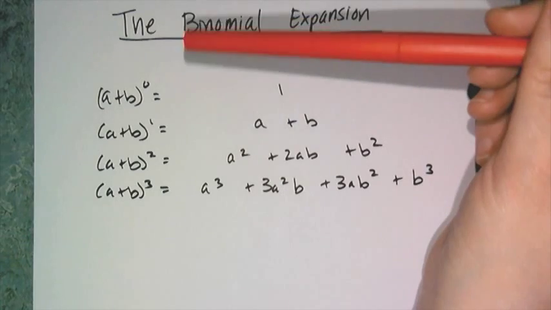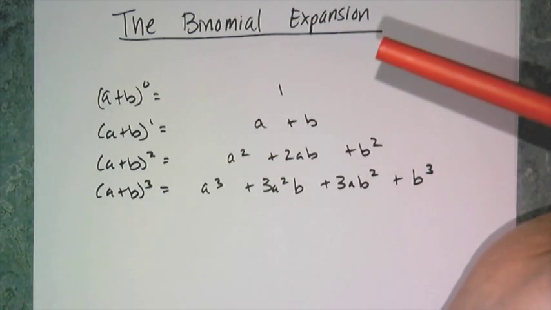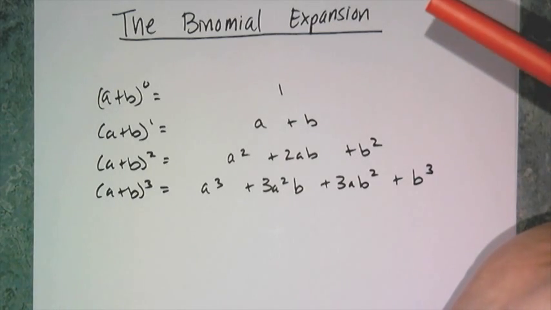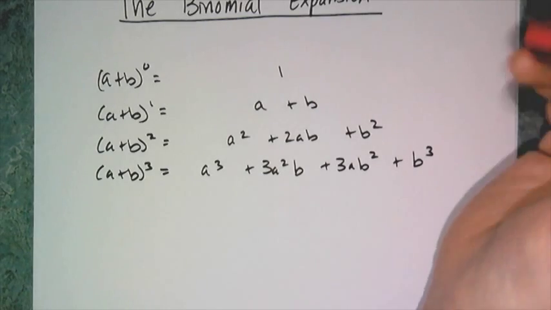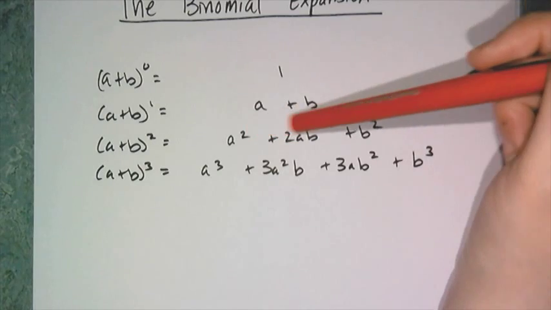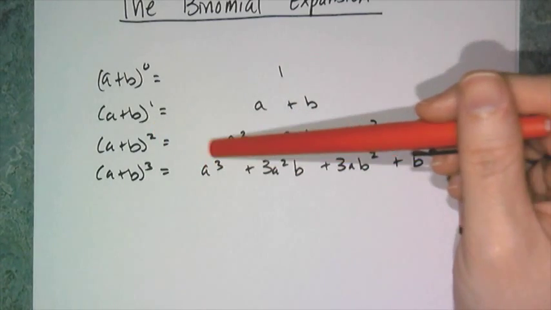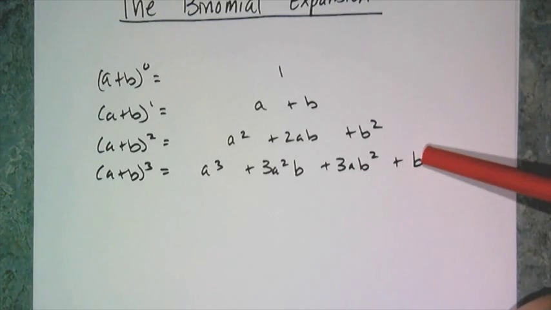So I first just did the expansion up to the 3 that you should know from this far in Algebra 2. And just writing them out like this, you can start to see some of the patterns. First, notice the patterns in the exponents on a and b. On the third power, it starts off a cubed, then it becomes a squared b, and then ab squared, and then b cubed.